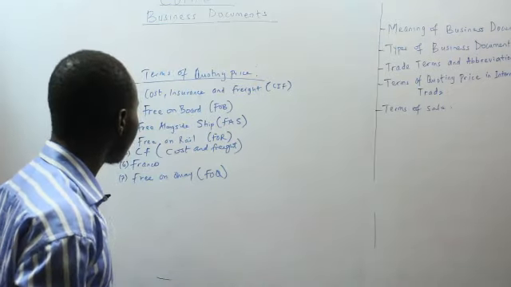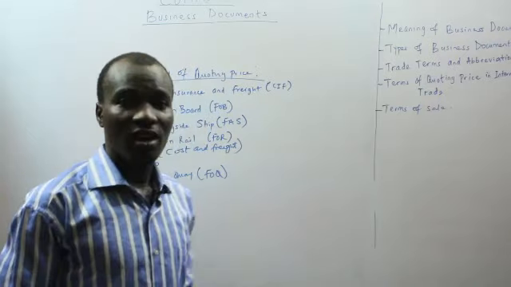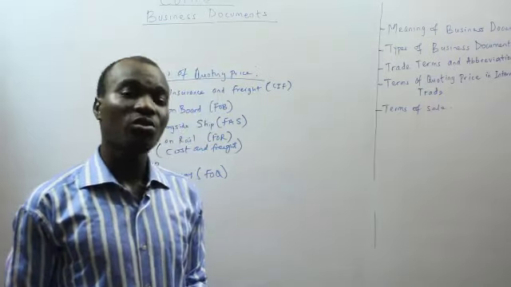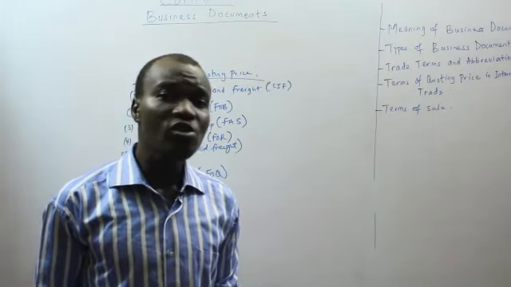So the next thing we have is free on rail. It means the price quoted will include all the costs, including the cost of the goods, incurred until the goods get to the rail.